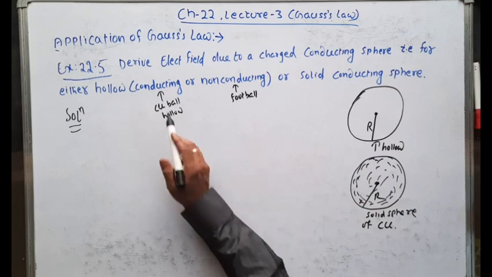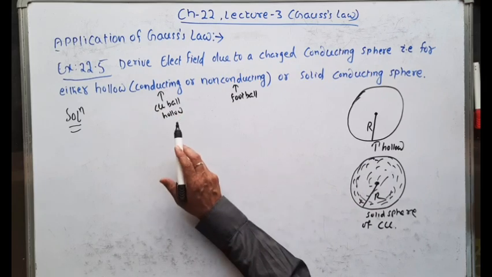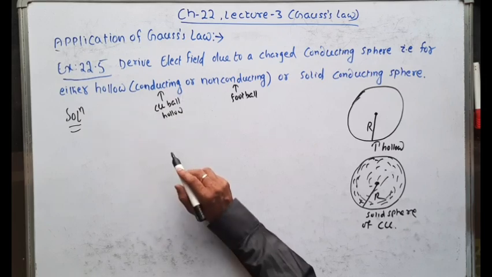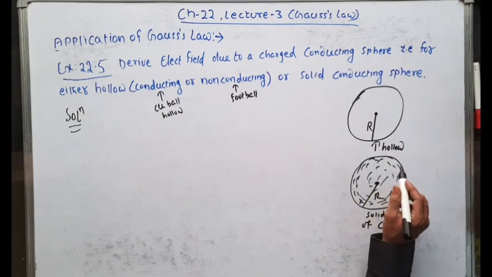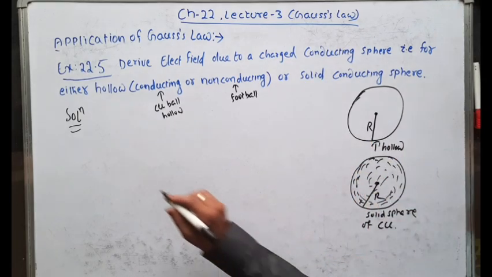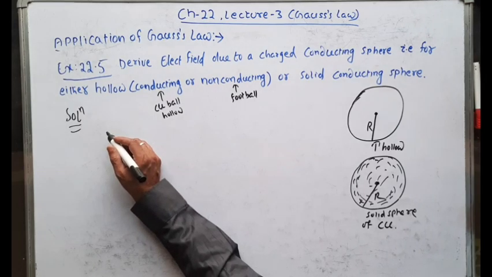Just before this example, I told you that whatever charge is given to a conducting sphere, all the charge will reside on the surface. This is a very important point.